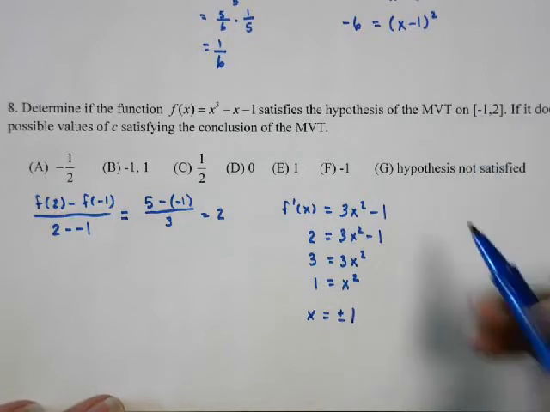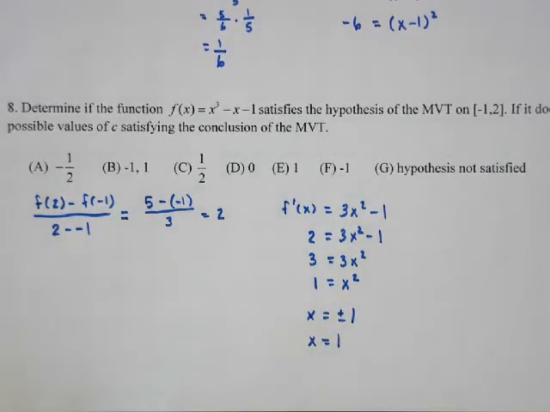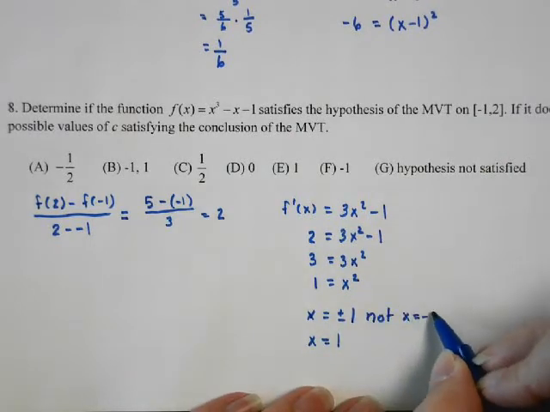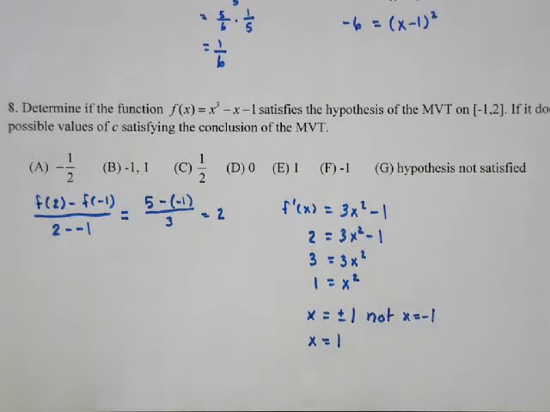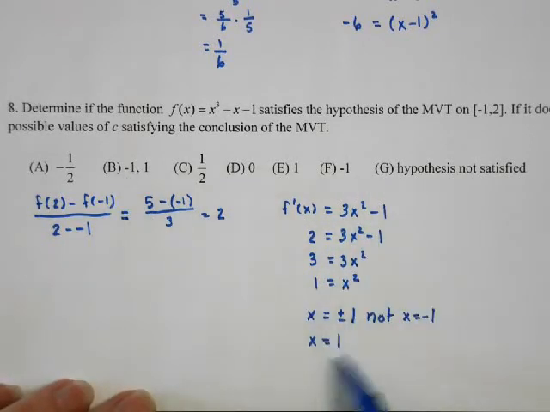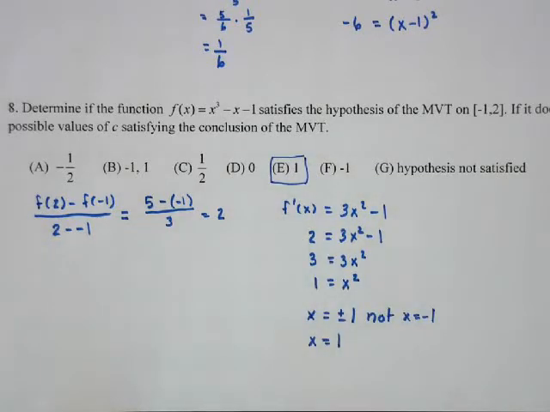Now negative 1 is an endpoint, so that's not included. The conclusion is just numbers between negative 1 and 2. So the solution here, and it's going to be tricky because you're going to find those two, but the solution is just 1 because negative 1 is an endpoint.